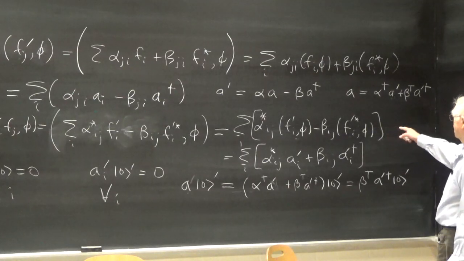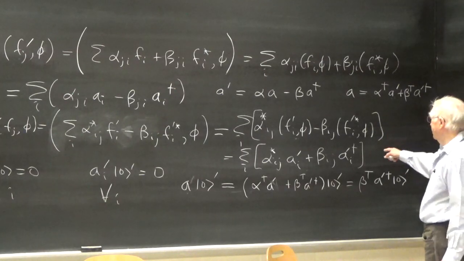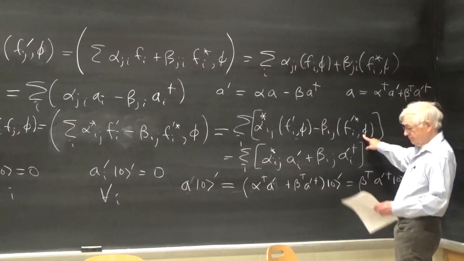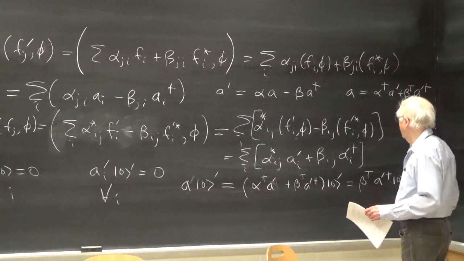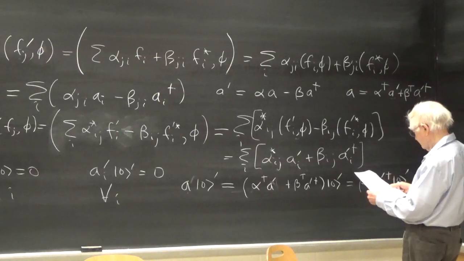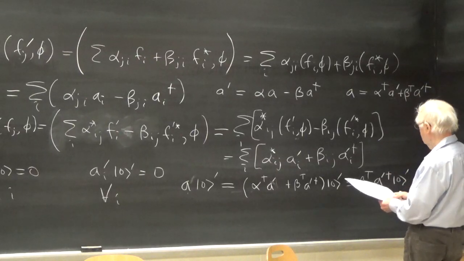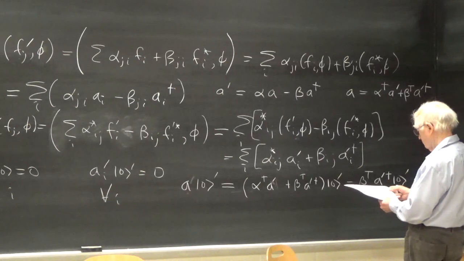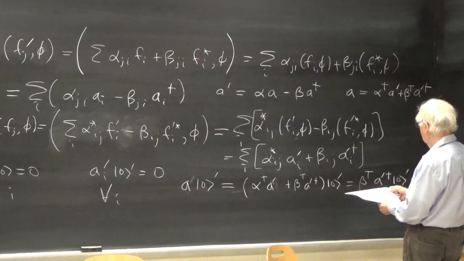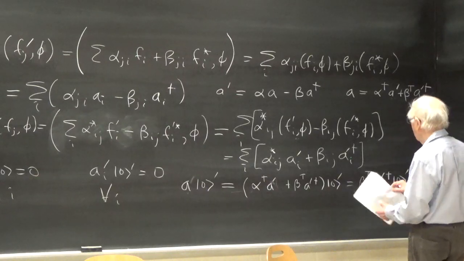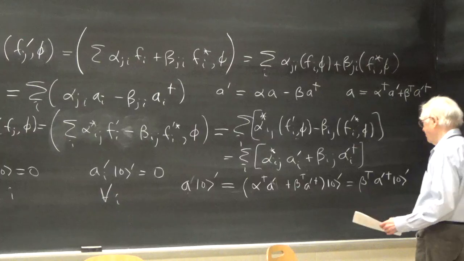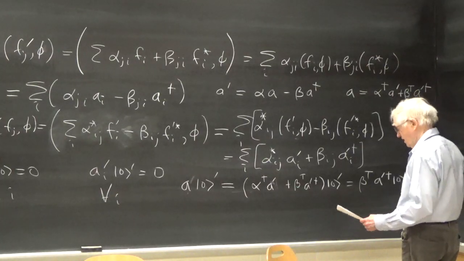Let me just make sure I've got everything straight here. All right, I think this is all right, but I think there's a typo in the notes at some point here.